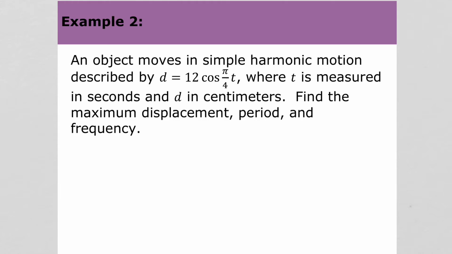Example 2 says an object moves in simple harmonic motion described by d equals 12 times cosine of pi over 4 t, where t is measured in seconds and d in centimeters. Find the maximum displacement, the period, and the frequency.